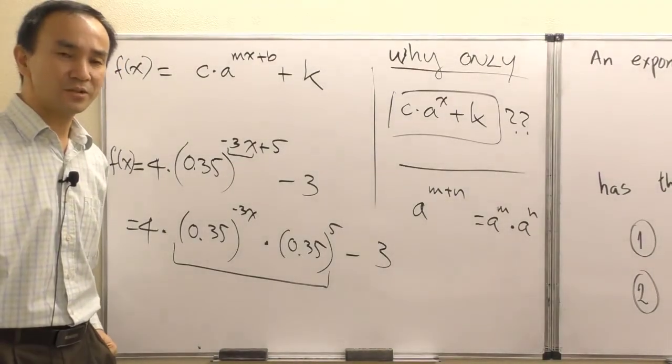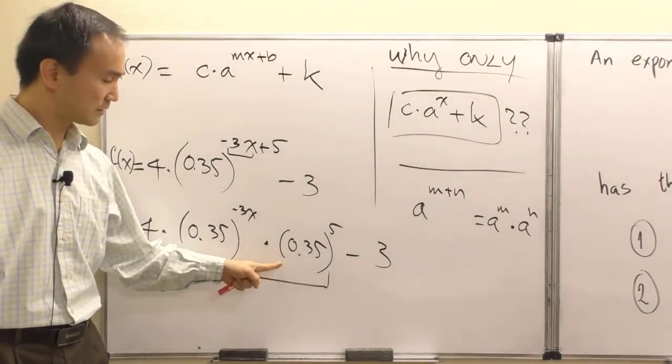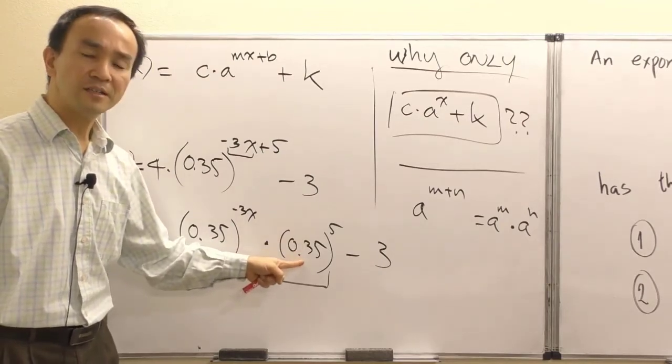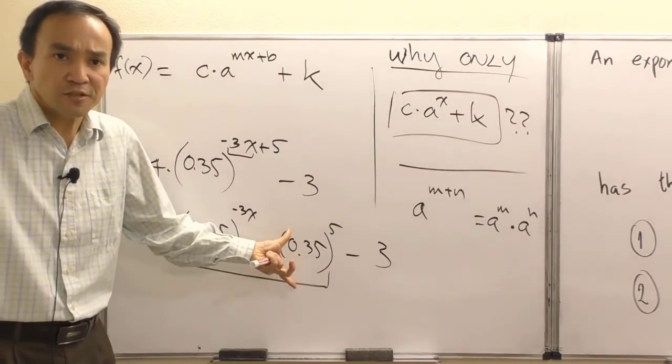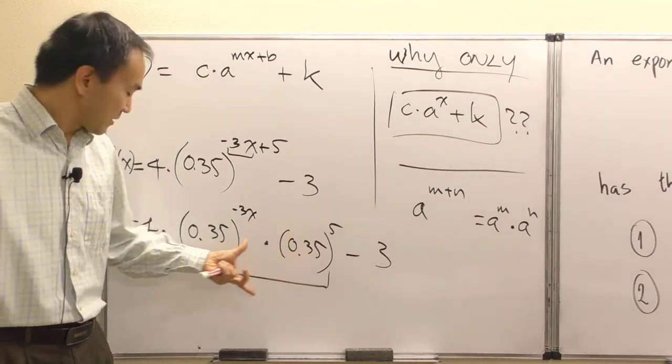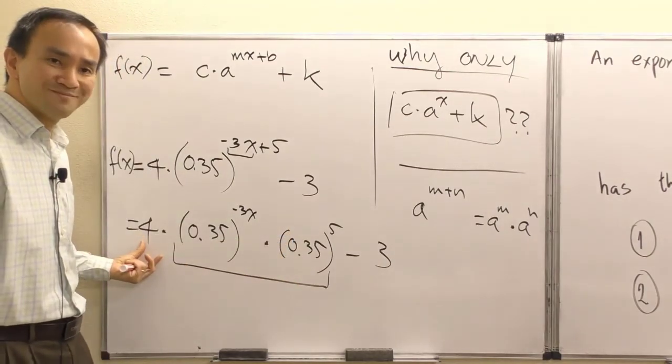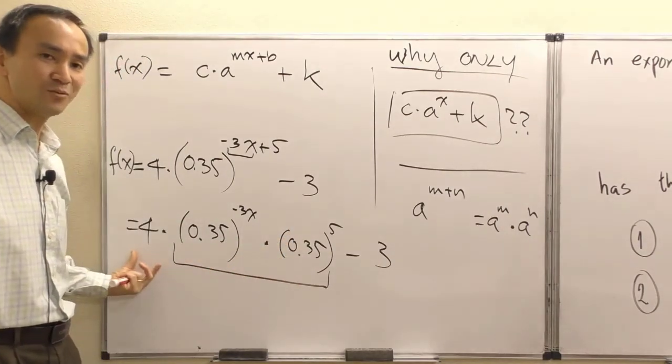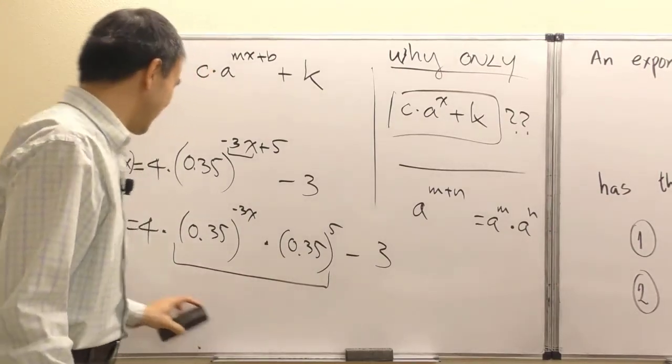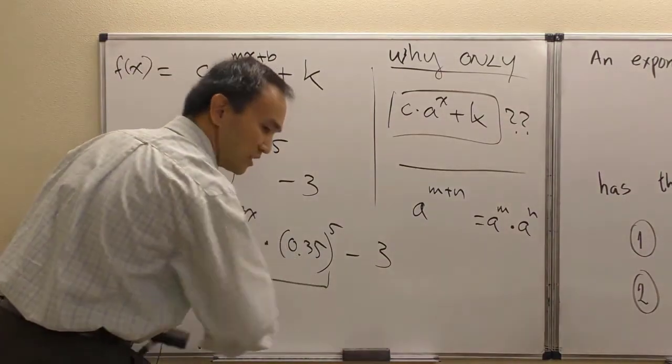All right, and so in that case, now I realize, oh wait a minute, this 0.35 to the 5th power is simply just another constant value, just another constant coefficient. So I'm going to bring it in front and multiply that together with this 4 right here. All right, and so now in my next step, my function becomes the following.